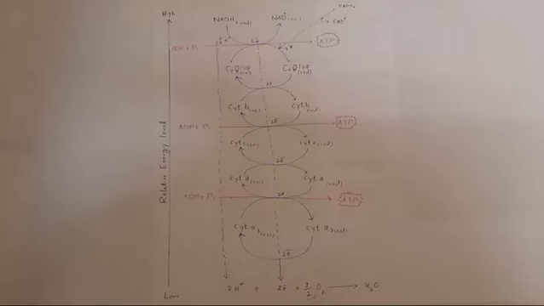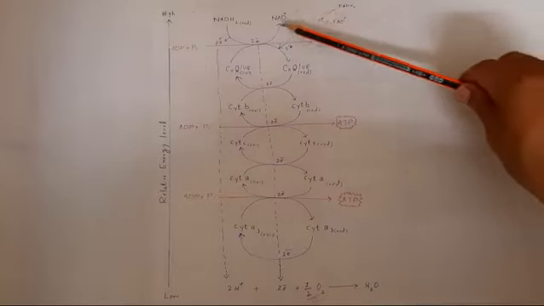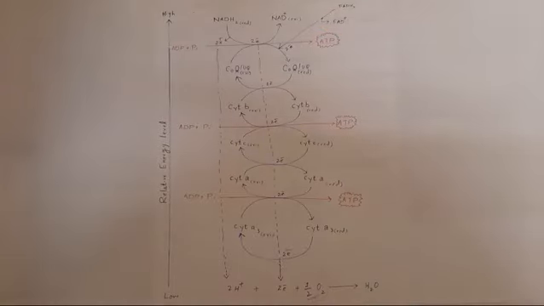This series of electron carriers makes the respiratory electron transport chain. The final electron acceptor at the end of the electron transport chain is oxygen, forming water.